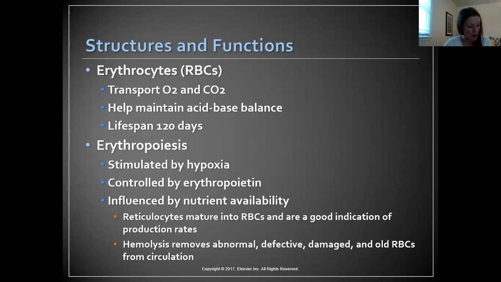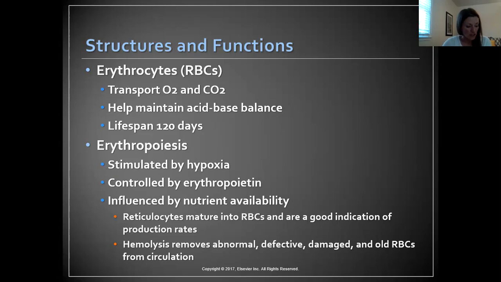Erythropoiesis is the process of red blood cell production, which is stimulated by hypoxia and is controlled by erythropoietin, which is the glycoprotein growth factor that is made and released primarily in the kidney. Erythropoietin stimulates the bone marrow to increase erythrocyte or red blood cell production.